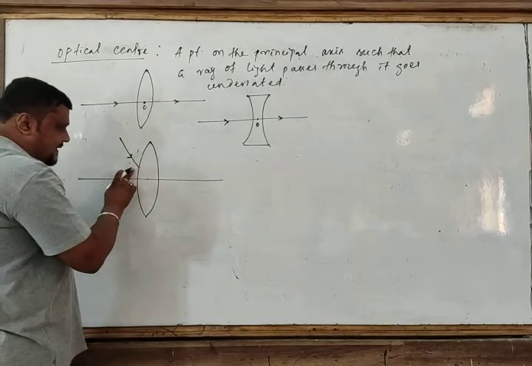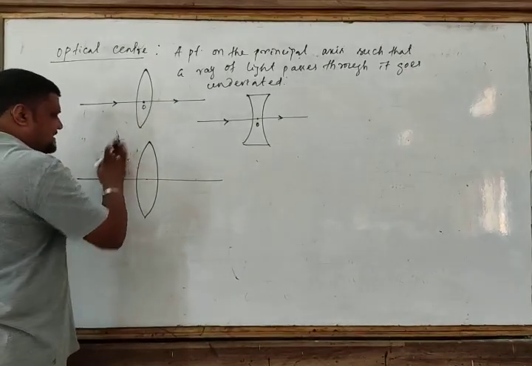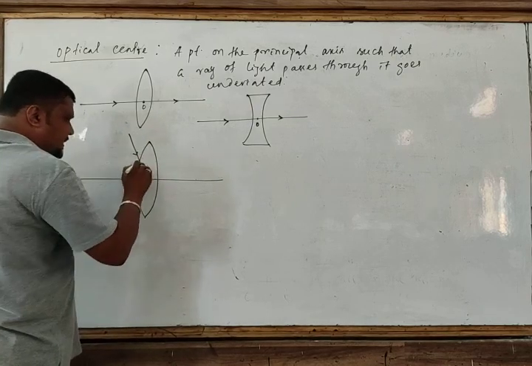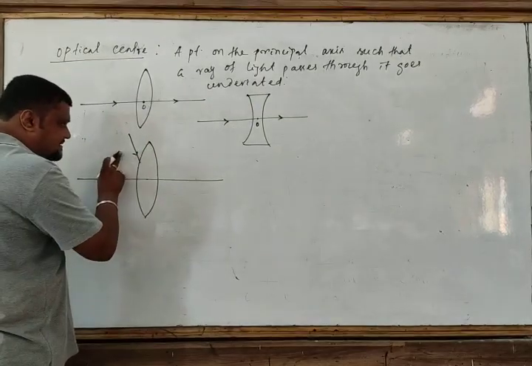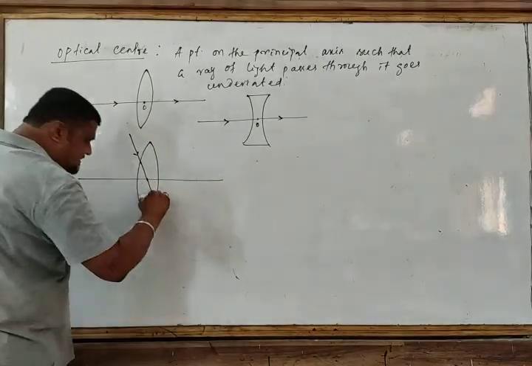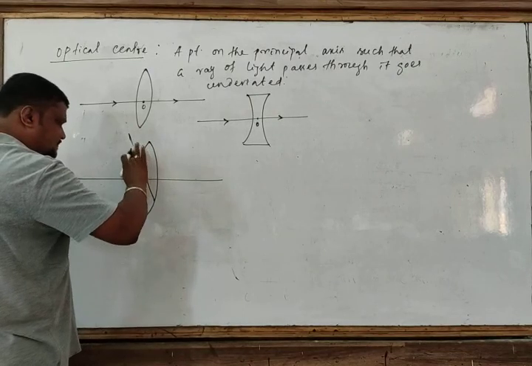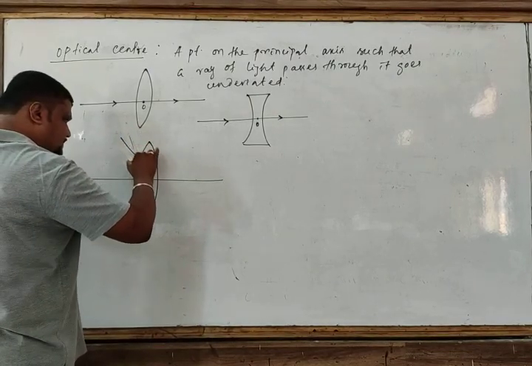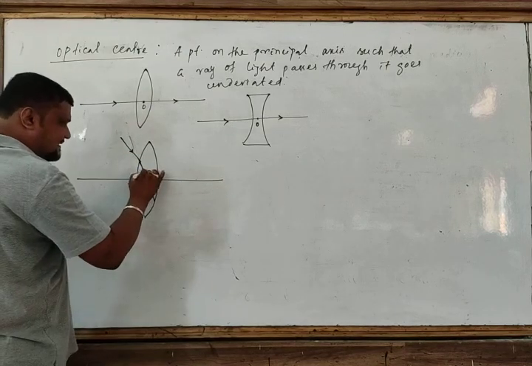Traveling from rarer to denser, it bends toward the normal and passes like this. This is the incident ray, and this is the refracted ray.